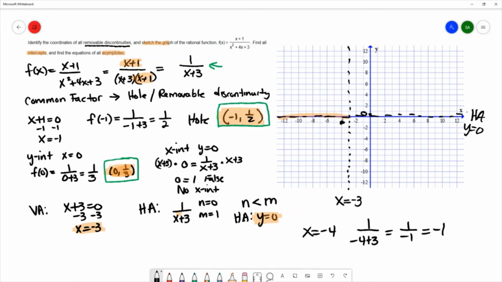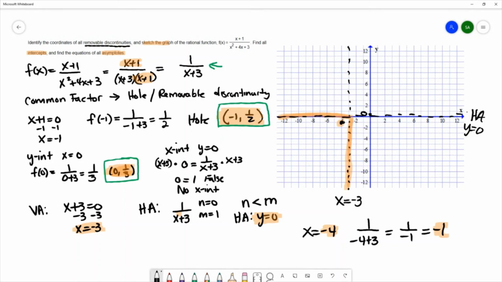Now I'm going to draw a sketch of the graph. I'm going to focus in on that point that we plotted just a moment ago, the ordered pair (-4, -1). That point is sort of trapped in between this horizontal and vertical asymptote.